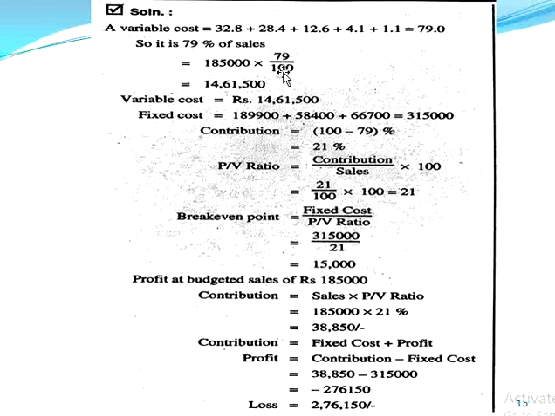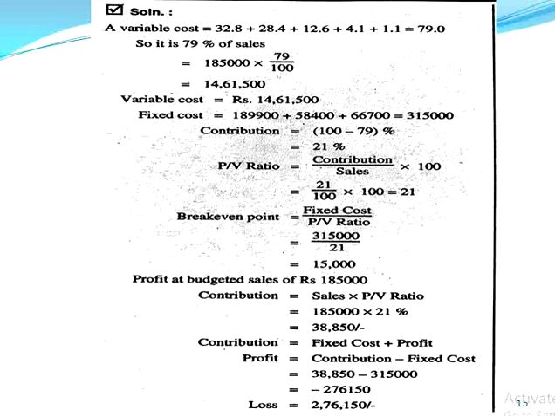So variable cost 79%, then fixed cost, that is contribution at break-even point, 21%. So we can calculate PV ratio: contribution 21, sale 100, so we will get answer 21%. Then break-even point is fixed cost upon PV ratio, so the answer is 15,000.